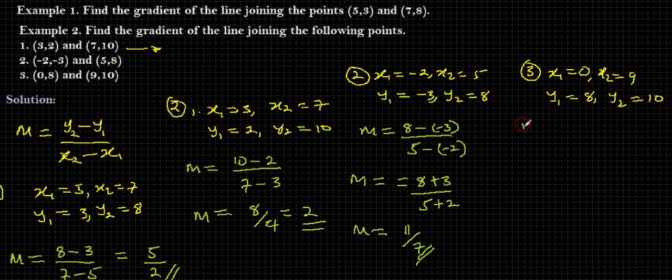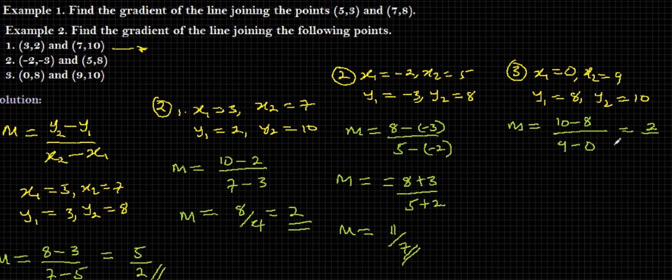So that means m now, which is the gradient, is going to be y2, which is 10 minus y1, that is 10 minus 8 divided by x2 minus x1, which is 9 minus 0. So we are going to have this to be 2, and then 9 minus 0 is 9. So we have this to be 2 over 9. So this is all for gradient of a line.